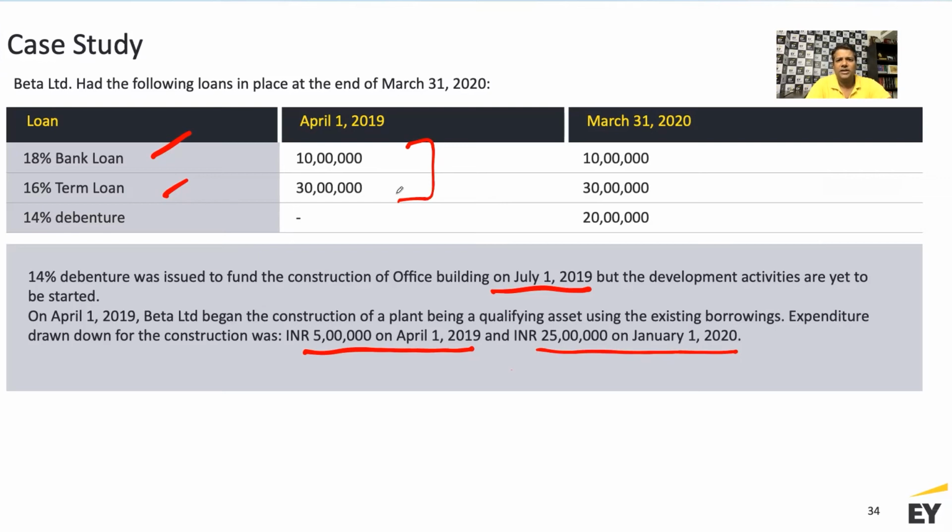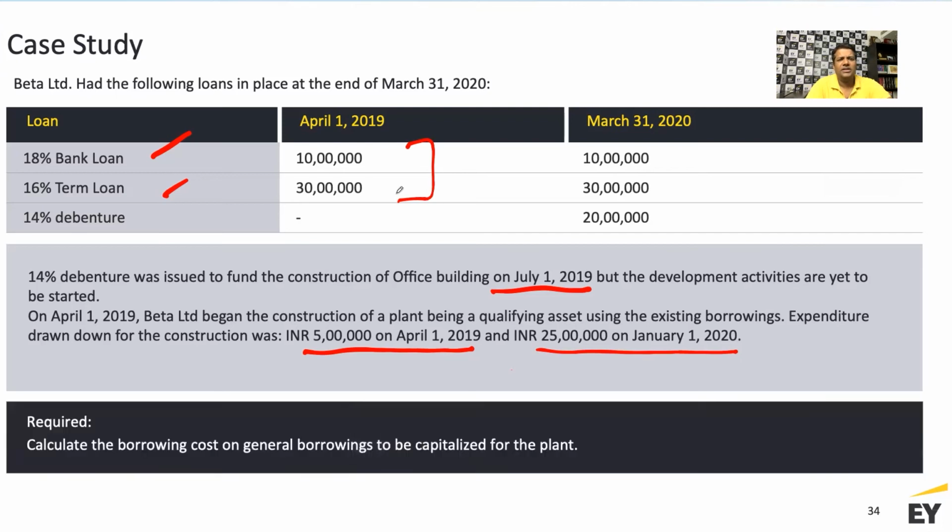So what is the question here? The question is to calculate the borrowing cost on general borrowings to be capitalized for the plant. So I need to calculate the borrowing cost. How much is my borrowing here? 10 lakh and 30 lakh.